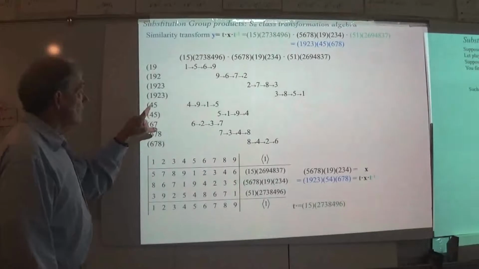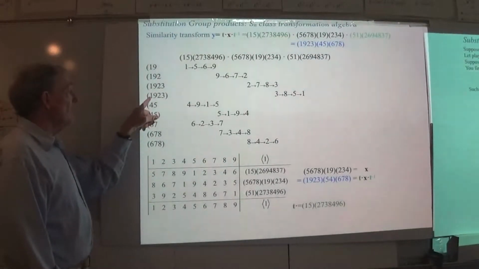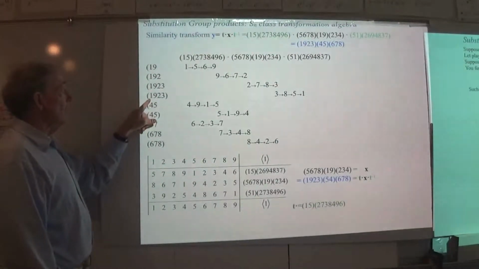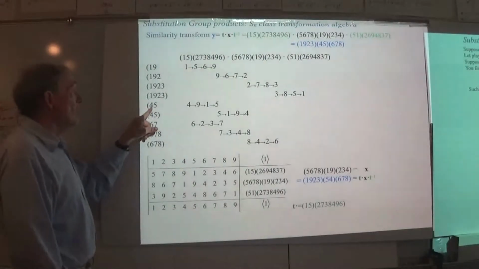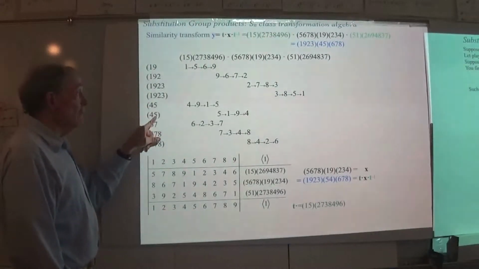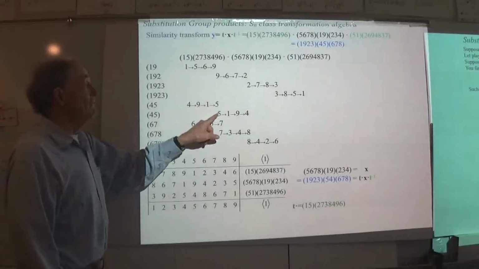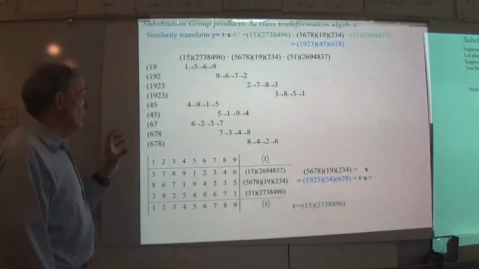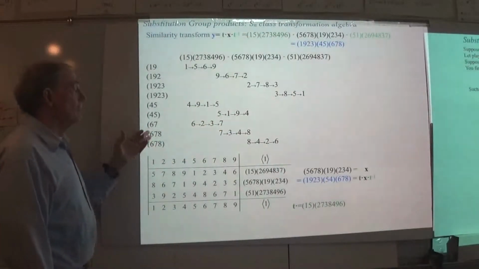Now remember, we don't stop this thing. Whatever numbers I've missed after I close it, I've got to then take, say, 4 next, and that one closes very quickly. 4 goes to 5 and 5 goes to 4, so that's an easy one. And this one isn't very hard either. It turns out to be a tricycle.